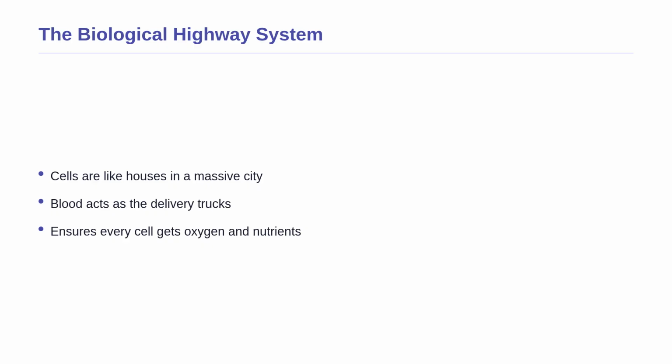In your body, the houses are your living cells, and the delivery trucks are your blood. The general plan of circulation is exactly this biological highway system, ensuring every cell gets oxygen and nutrients. Without it, cells would simply starve.